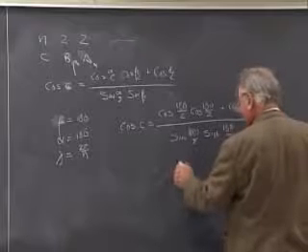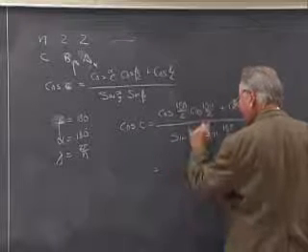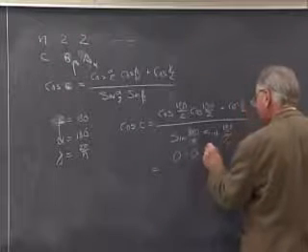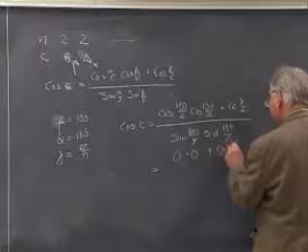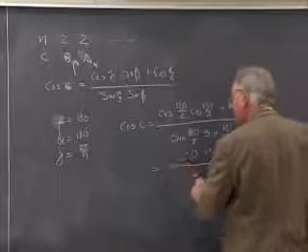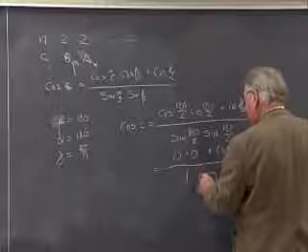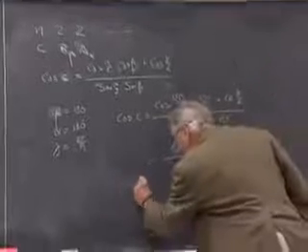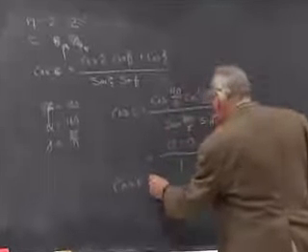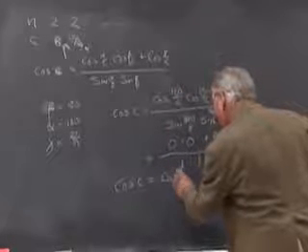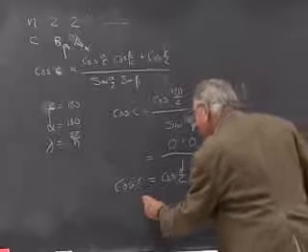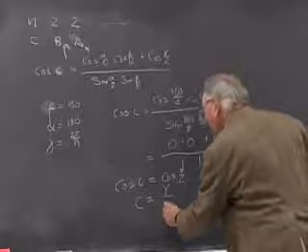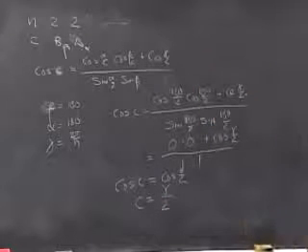So the cosine of C is going to be the cosine of 90, which is 0, times the cosine of 90, which is 0, plus the cosine of gamma over 2, whatever that might be, over the sine of 90, which is 1. So this says that cosine of C is equal to cosine of gamma over 2. So the angle between axis A and axis B ought to be equal to 1/2 the angular throw of rotation axis C.